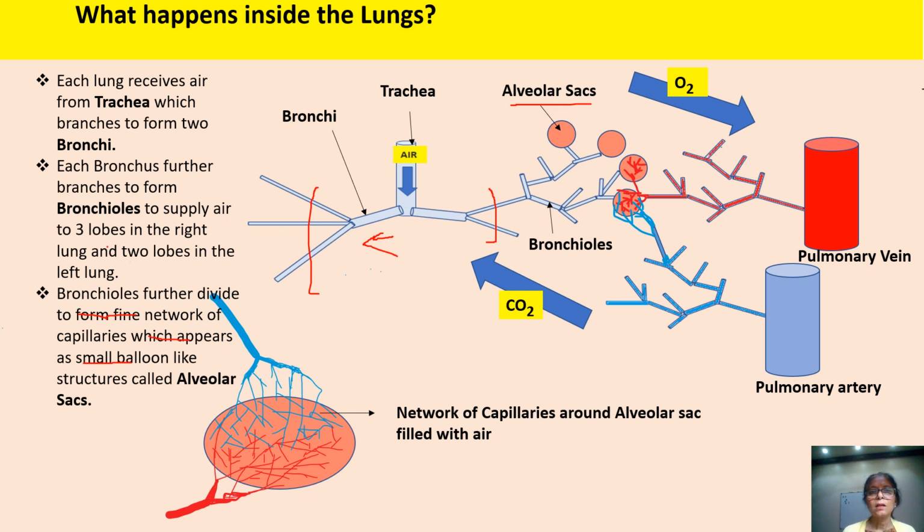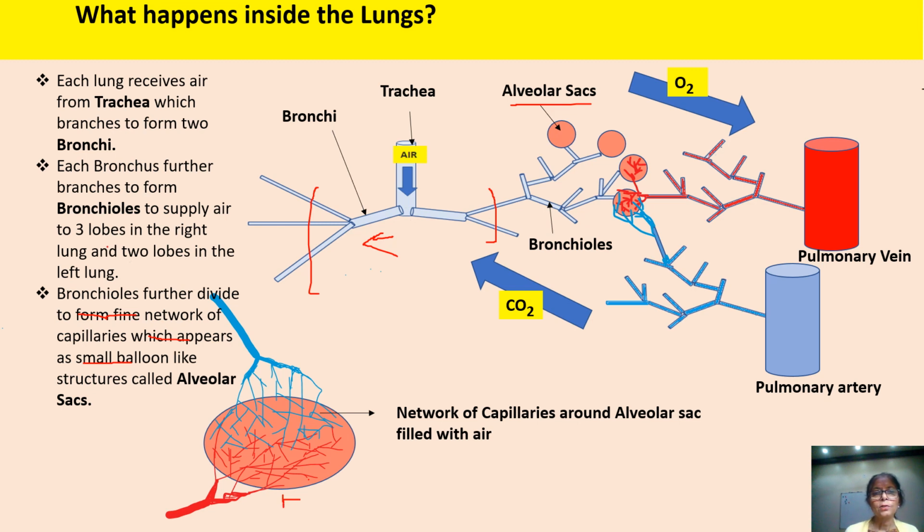Alveolar sacs are surrounded by capillaries of the pulmonary artery and pulmonary vein. The pulmonary vein takes in oxygen brought by the alveoli, and it is sent to the heart for distribution to various parts of the body where respiration will take place.